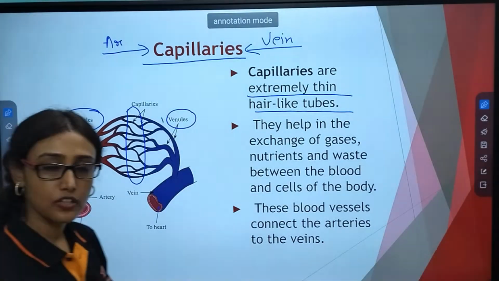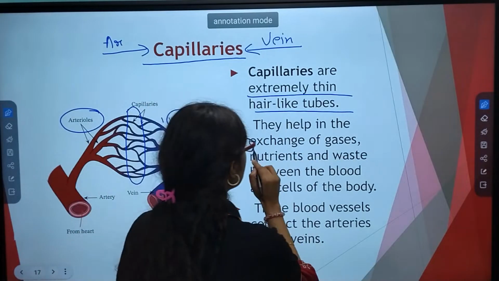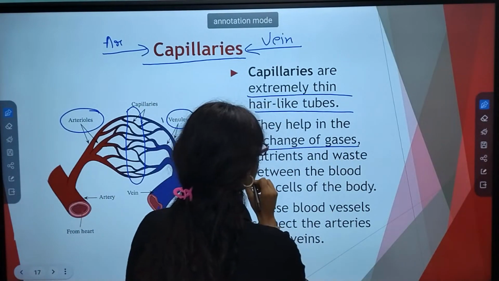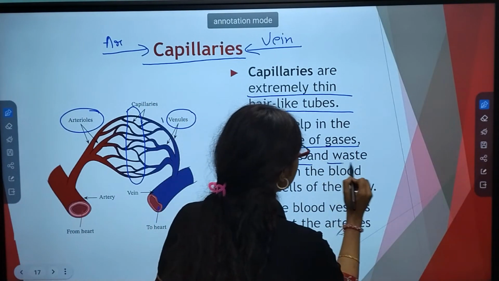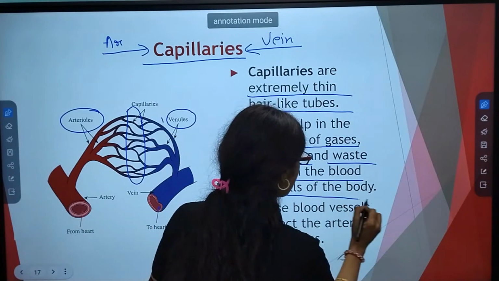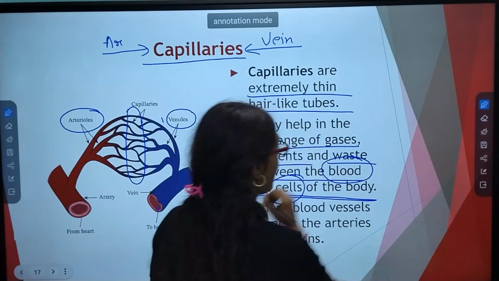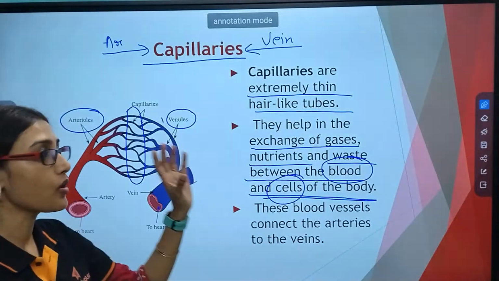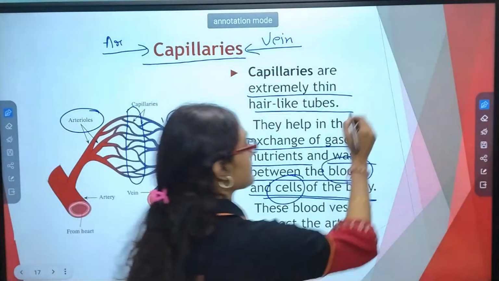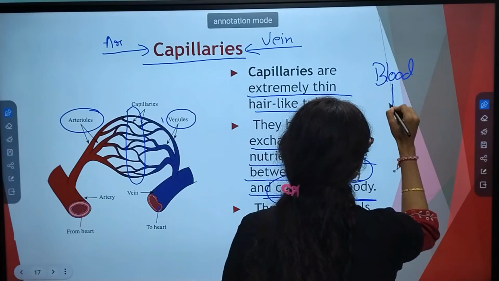Now, what is the function of capillaries? Just now I have told you, they help in exchange of gases, nutrients and waste materials between the blood and cells of the body. Between blood and cells of the body, because why do they carry these things?